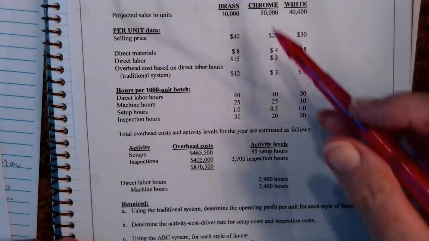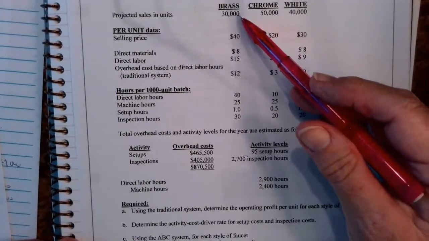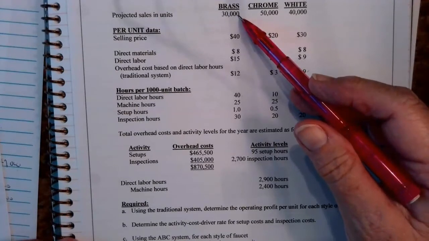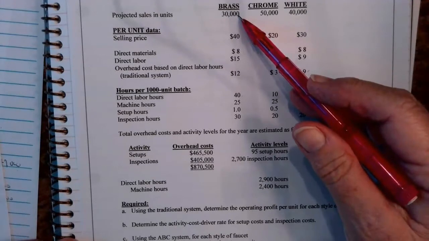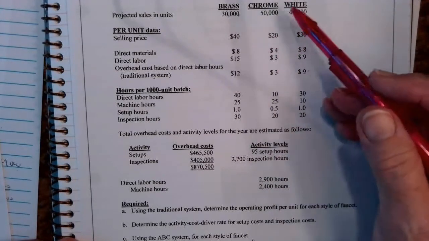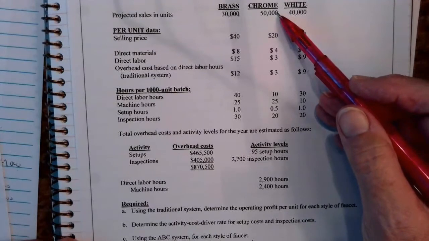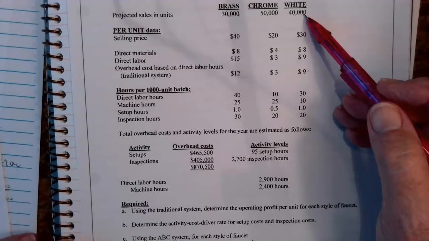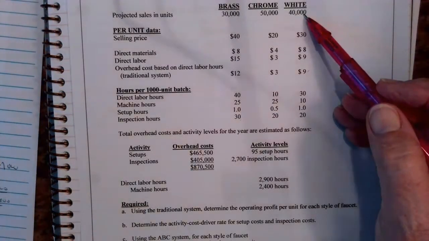So if we sell 30,000 brass faucets, that would mean we'd have 30 batches of 1,000 units, chrome would be 50 batches, and white would be 40. So that affects the way we do things.